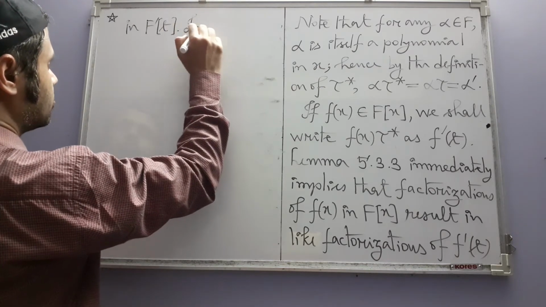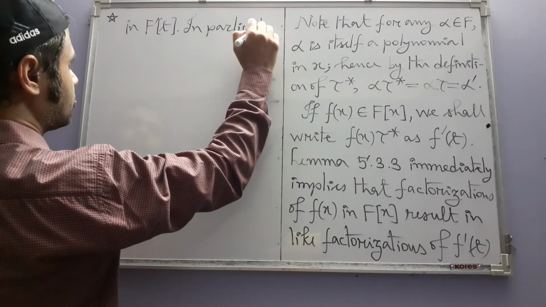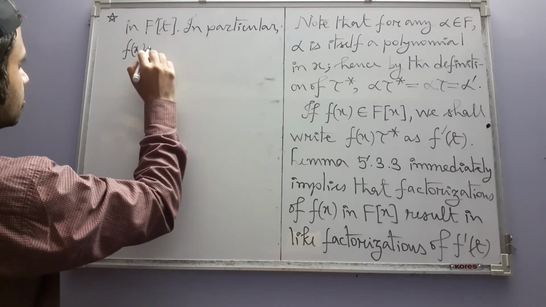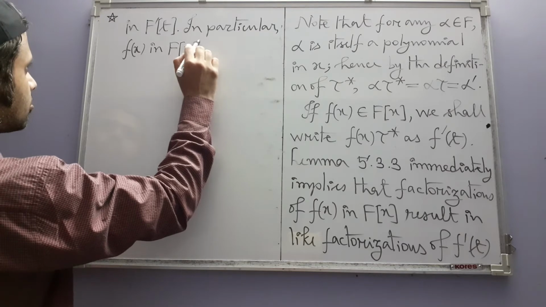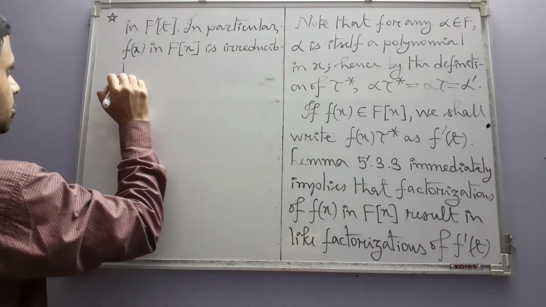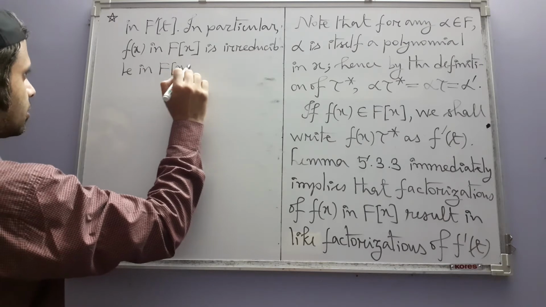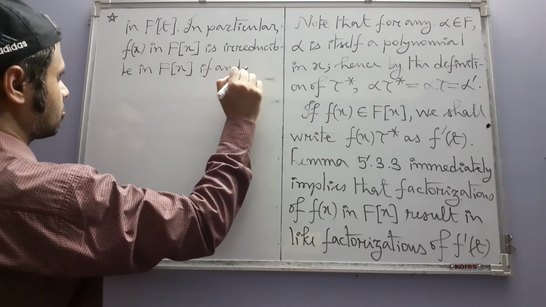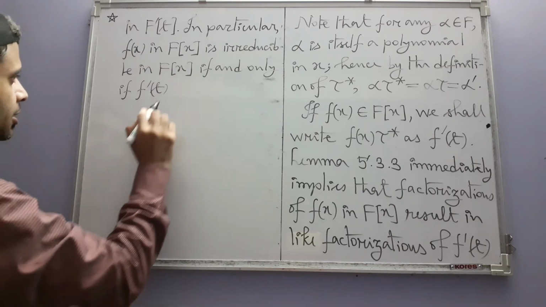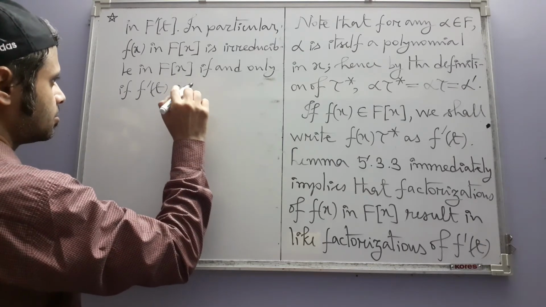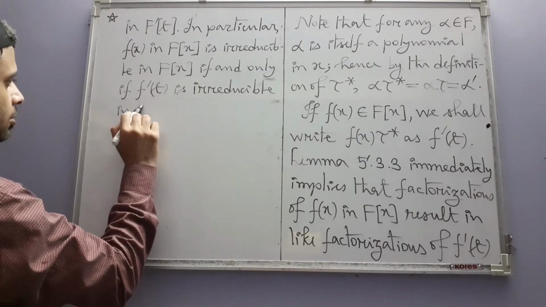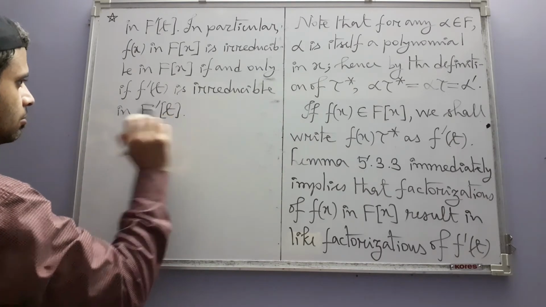In particular, f of x in F[x] is irreducible in F[x] if and only if its image under tau star, that is f prime of t, is irreducible in F'[t].